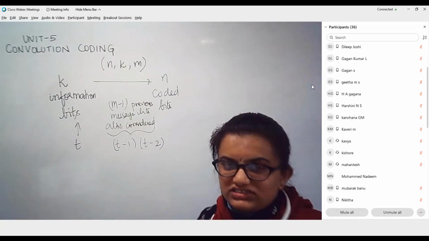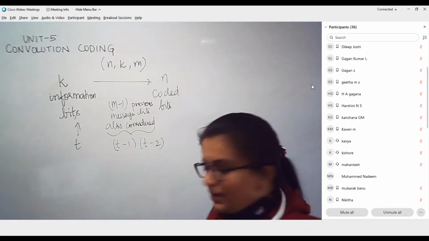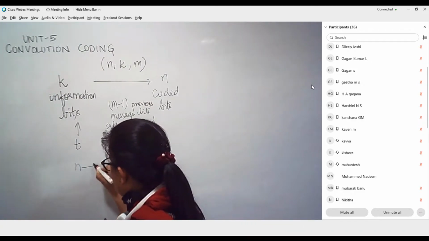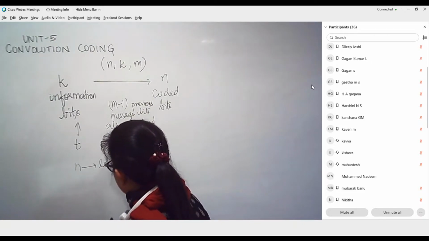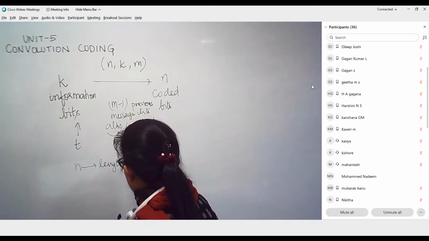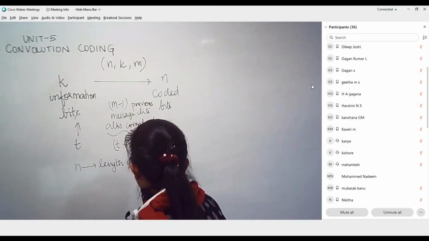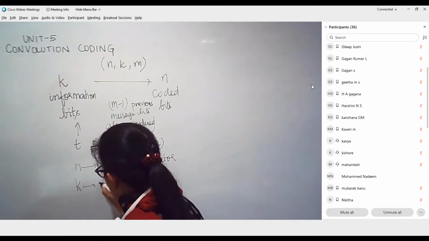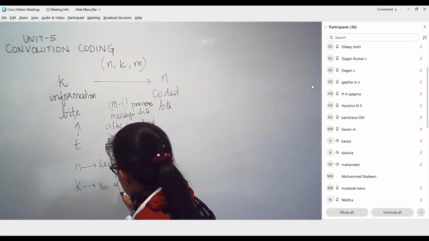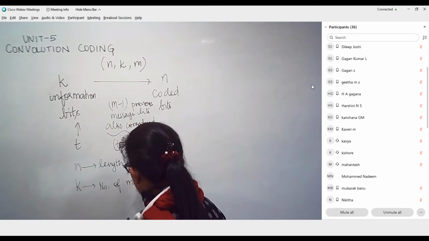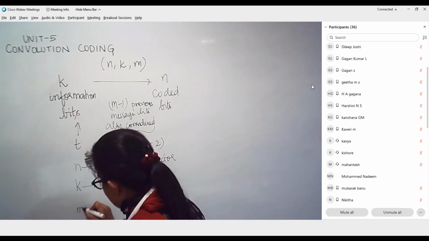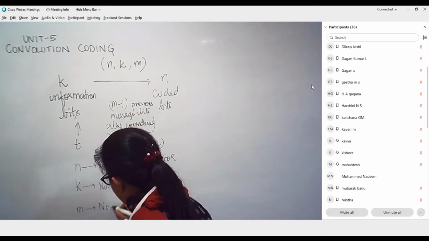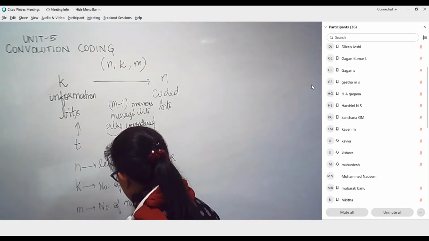We normally address this as (n, k, m), where n denotes the length of the code word, the length of the code vector. k is known as the number of message information bits, and m is the number of memory elements.